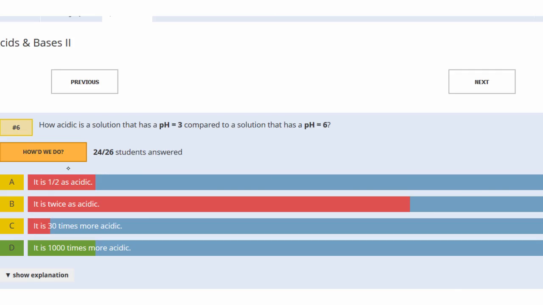Now very often, I'll have students that'll answer 30 because they'll learn in biology, for example, that every jump in pH unit is a factor of 10. And they go, well, 10 plus 10 plus 10 is going to give us 30. But we don't realize it's logarithmic, which means you have to take not 10 plus 10 plus 10, but 10 times 10 times 10 to get 1,000.